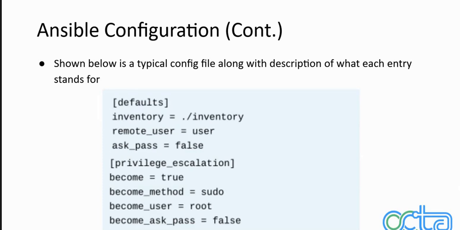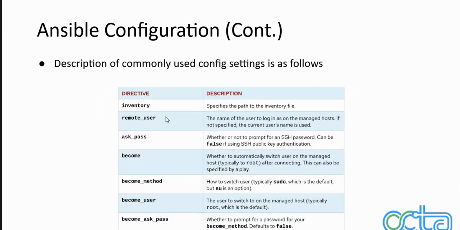If that is done, we don't need Ansible to keep prompting for the password, right? So we can set this become ask pass to false. These are just sample settings that I'm showing. There are a lot of other settings that we can change. The significance of each of these entries I have explained.